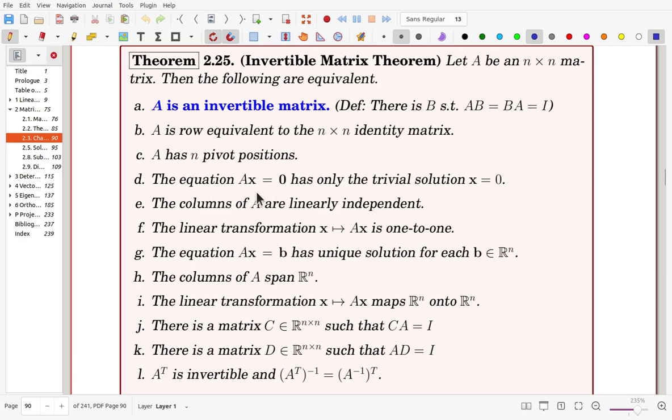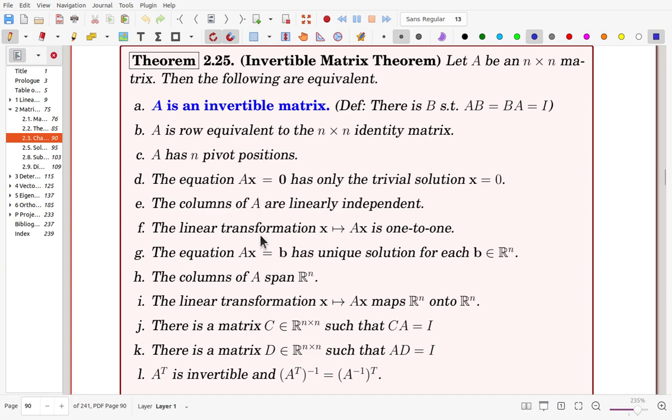And the homogeneous system has only the trivial solution. If we consider the multiplication by matrix A as a transformation, then this linear transformation is 1-to-1 and also onto. So for every choice of b, Ax equals b has a unique solution.